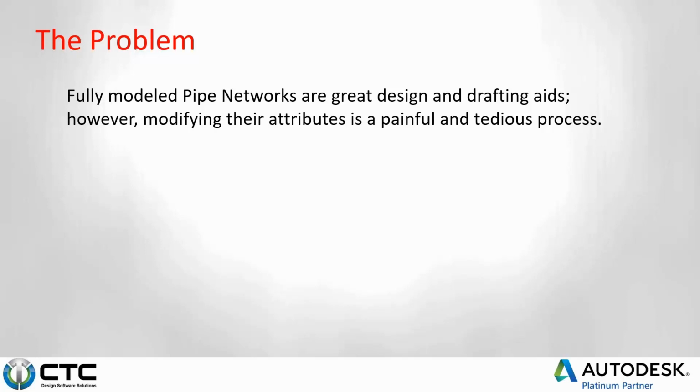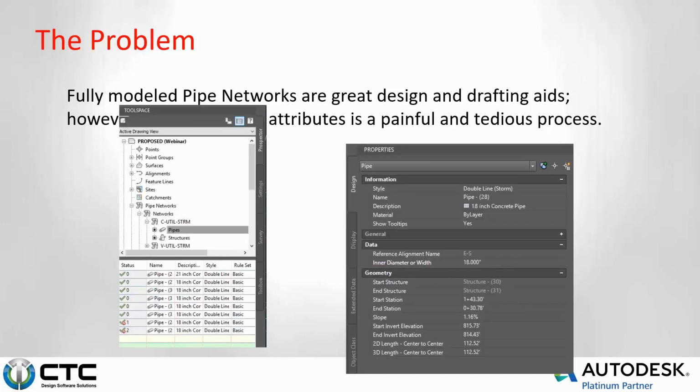So the problem is that even though pipe networks, when they're done, look great and help us out with our design and our drafting, they are a nightmare to modify to get them to look the way they're supposed to and to get them designed inside Civil 3D. To review, if we want to modify them, we can go to our properties palette.